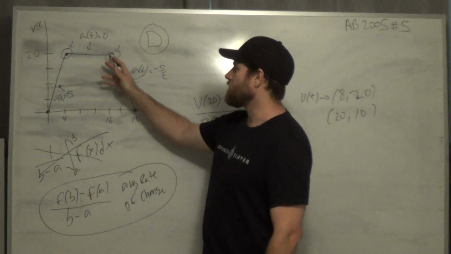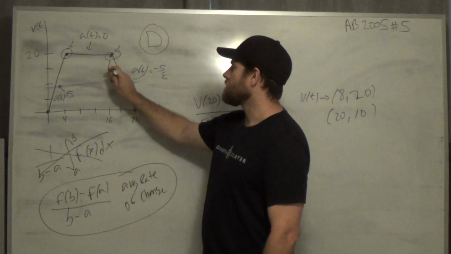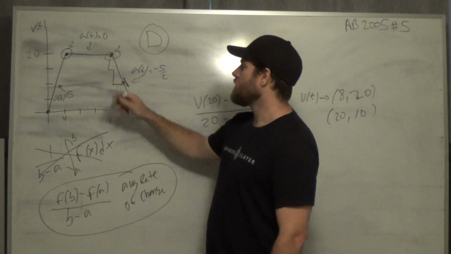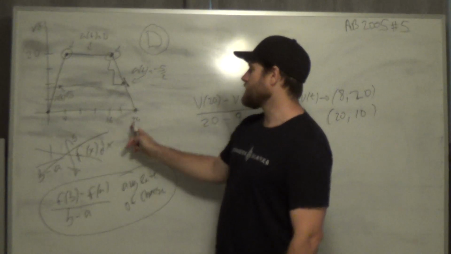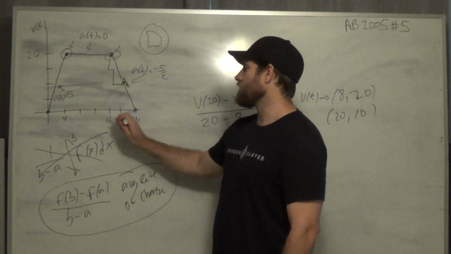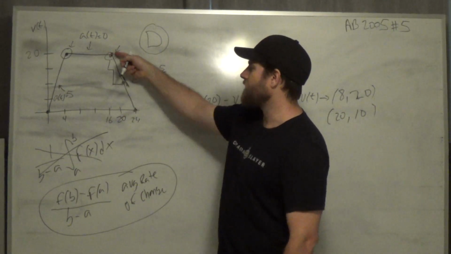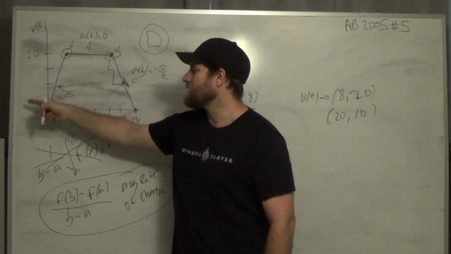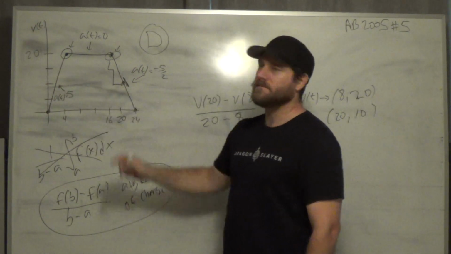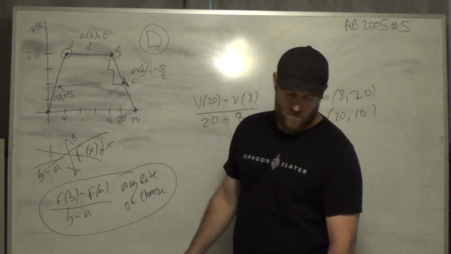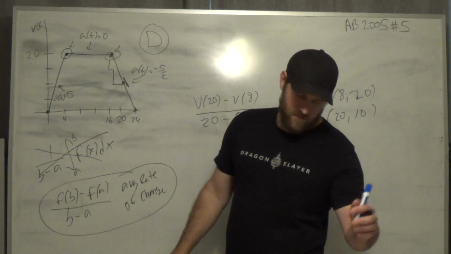So it went down 5 over 2, down another 5 over 2. Or in other words, from 16 to 24, the halfway point is 20. It's a straight line, so it's going to be halfway of the distance here. So if that's 20 and 0, halfway is 10.